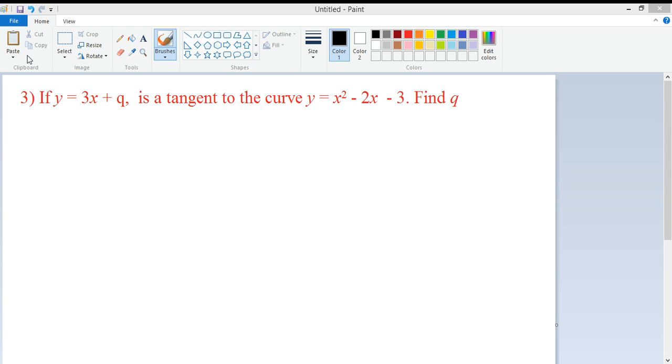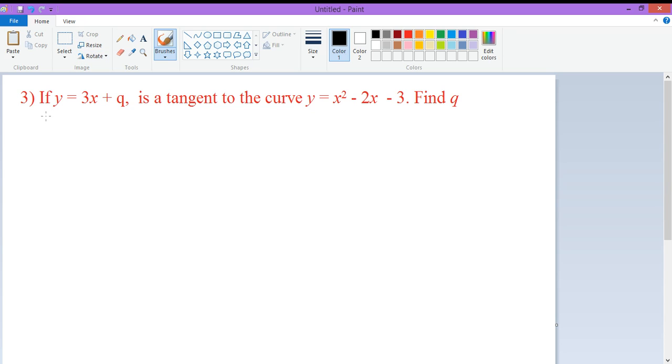Let's look at the third question for the day. If y is equal to 3x plus q is a tangent to the curve y is equal to x squared minus 2x minus 3, find q.